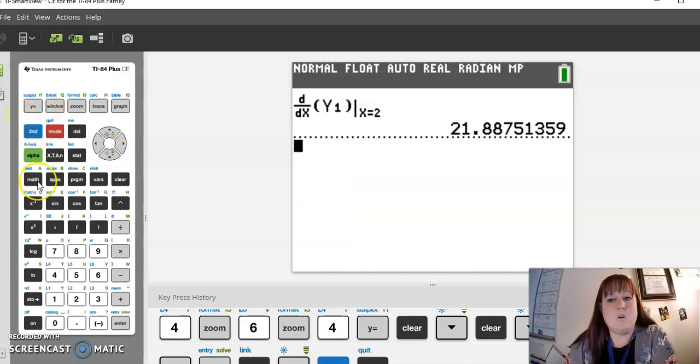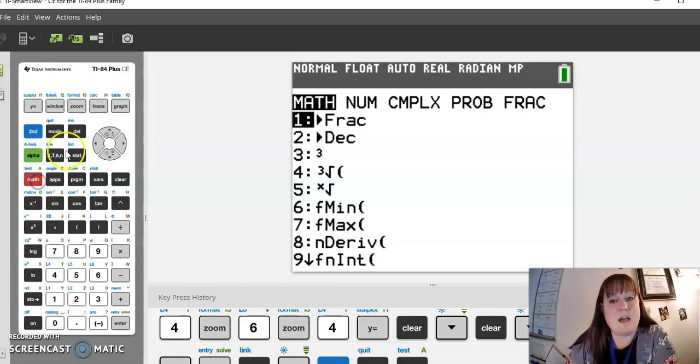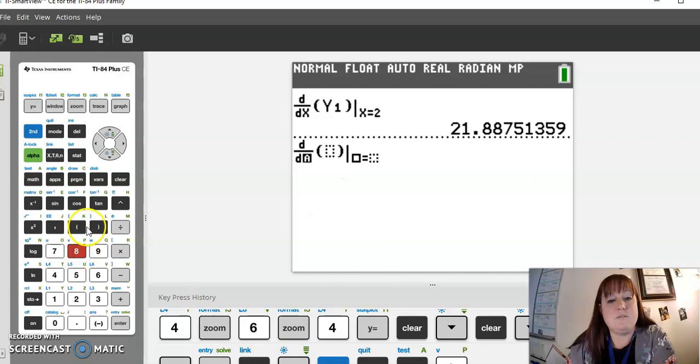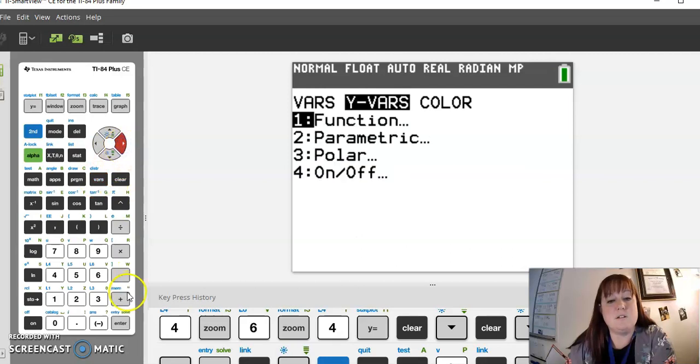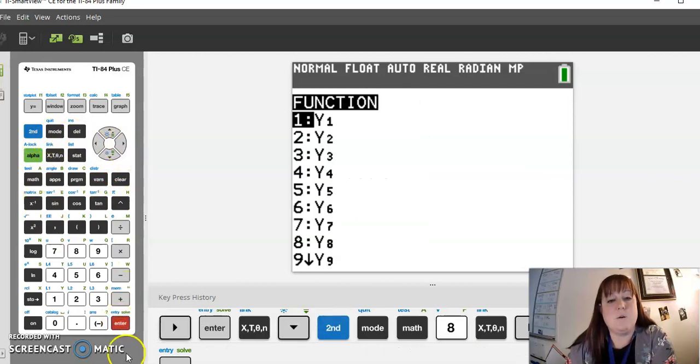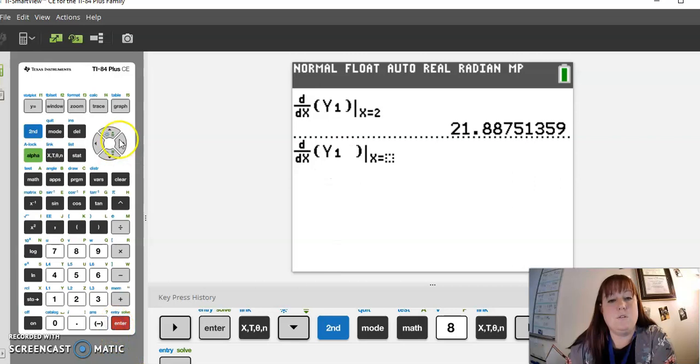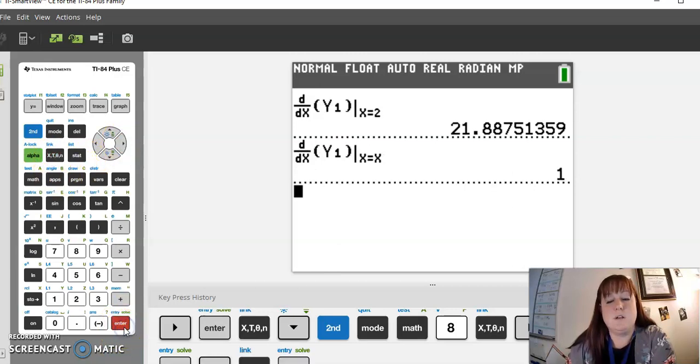Remember, this is another way to find the derivative. In fact, it's probably the best way: go to math, nDeriv, x with respect to x, then vars, y vars, function, y1, when x equals x, and it tells us the derivative is 1.